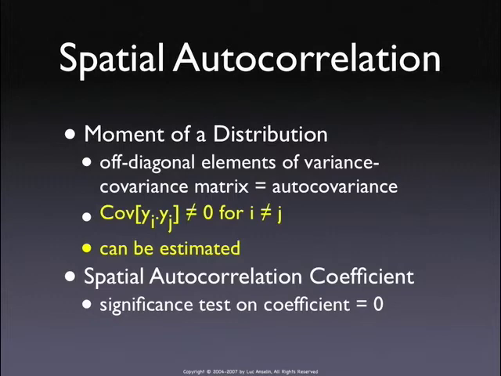And the spatial part is that the particular pattern that we see of these non-zero off-diagonal elements has something to do with spatial structure. And specifically, as we'll see later on today, it has to do with the structure of the spatial neighbors, and that neighbors are correlated. So then from a practical point of view, this is something that we can actually estimate from the data.